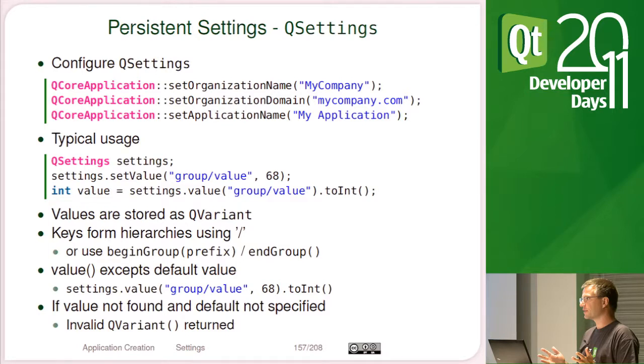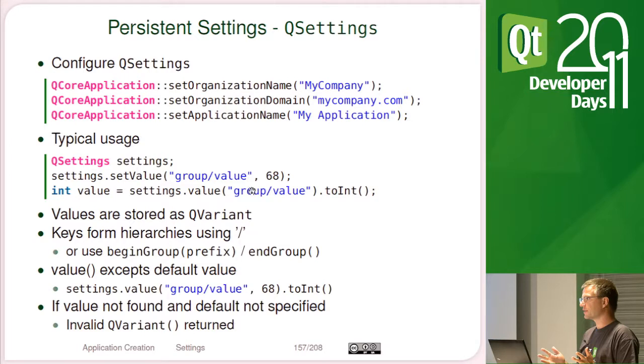Normally you would like to make your application appear at the same position where it was last closed. Therefore you can use the QSettings class to store all the settings. In this example, we have a group and a value, and the setValue function is used to store it, and the value function is used to get it back again from the settings.